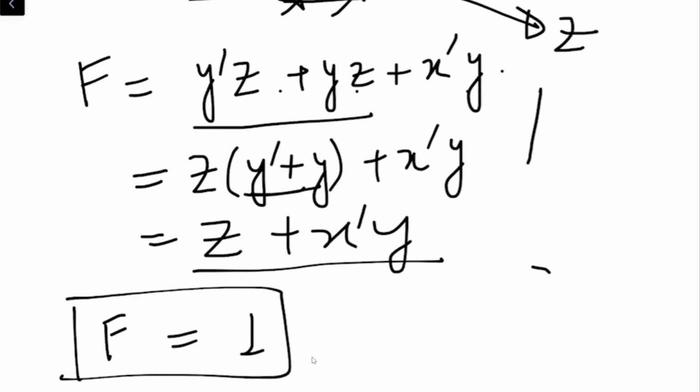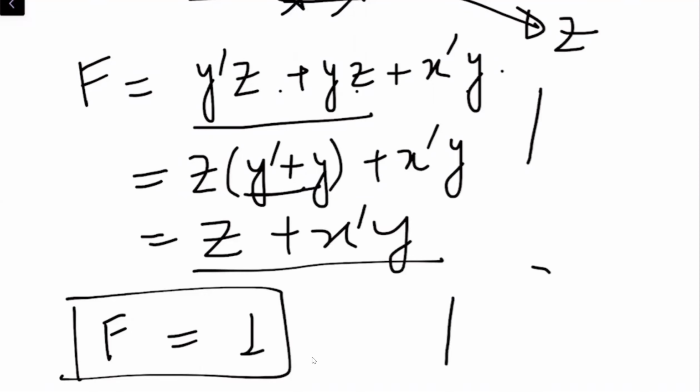Are you with me? Yes, sir. Any question up till now? No, sir. Okay, ji. So this is about the three variable K map.